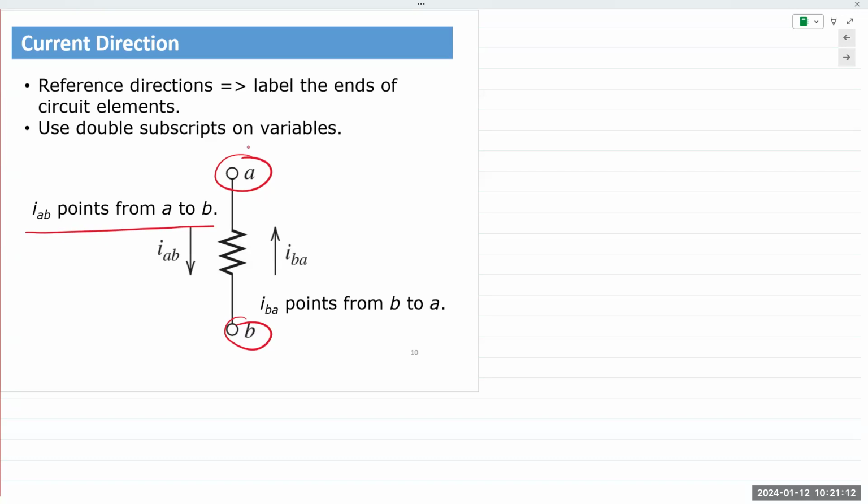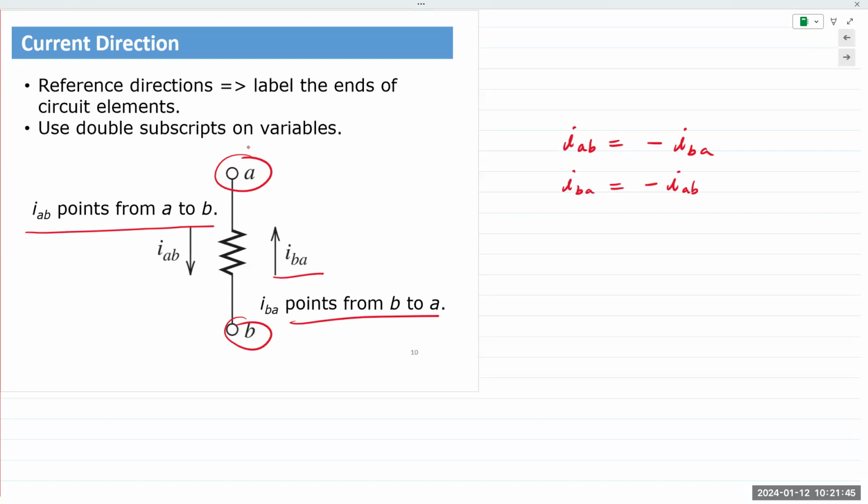And conversely, if it's IBA, you're referencing current going from point B to point A. For all intents and purposes, they're the exact same current, right? IAB is equal to minus IBA, or you could write IBA equals minus IAB. Mathematically, same numerical value.